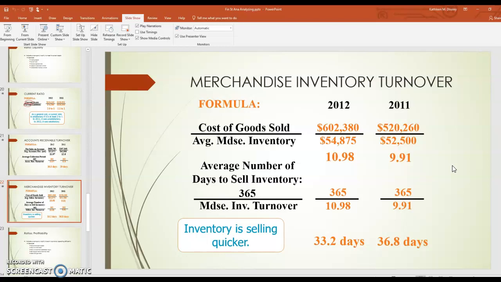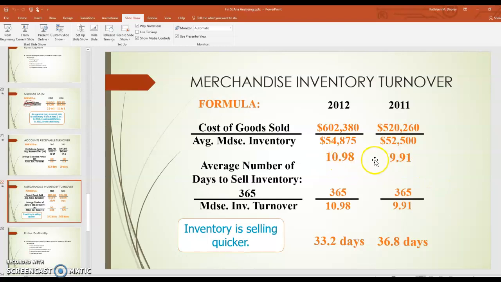Oftentimes with a retail place, and we don't know if French Connection is a retail place or a wholesale place, might be a wholesale place since they have so many sales on account, we would expect the inventory to turn over more often. If it were me, I would want to see inventory turning over more like 2 and 3 months.